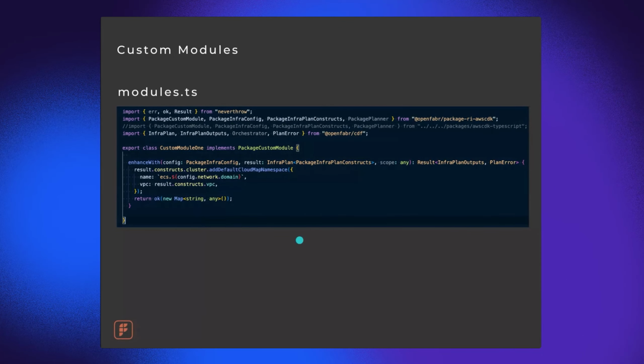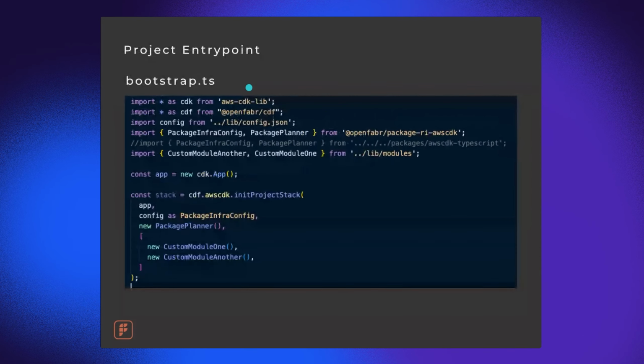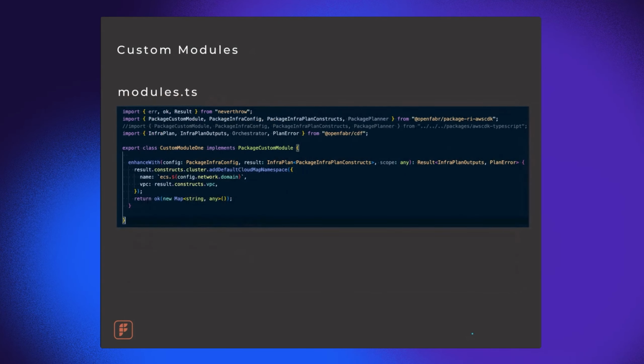Custom modules. I'll go back one step again just to point out, custom modules is a code file that's referenced here, and that code file looks like this. It's like inversion of control. In this overload, you have access to the entire stack that's created.